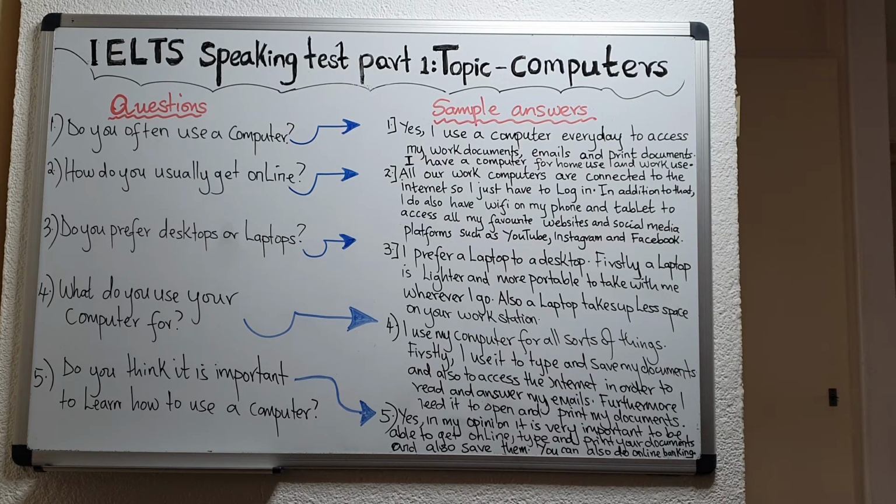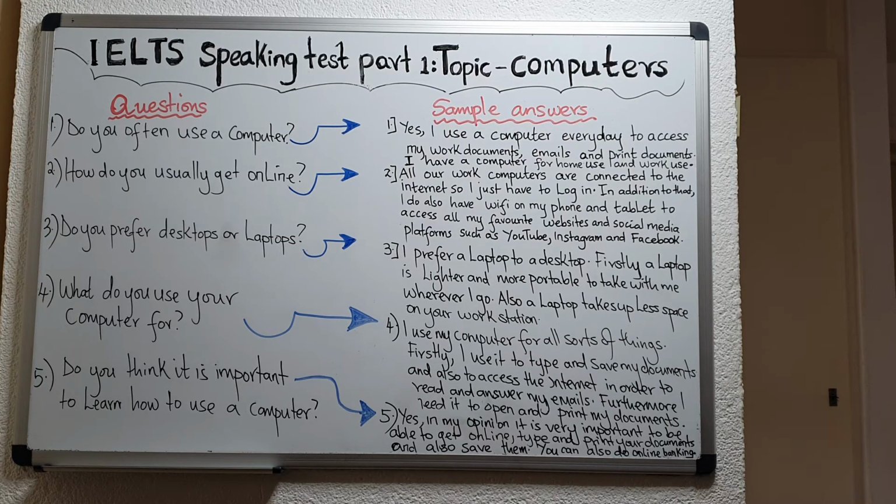And finally, I need to open and print my documents. So I have provided a detailed answer. I have also used a number of link words or connectors in that answer. I have used firstly, I have used and, I have used furthermore, okay, in order to.